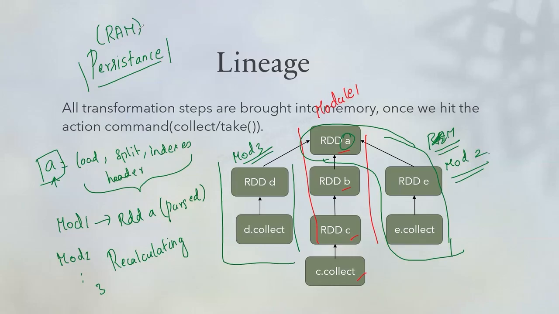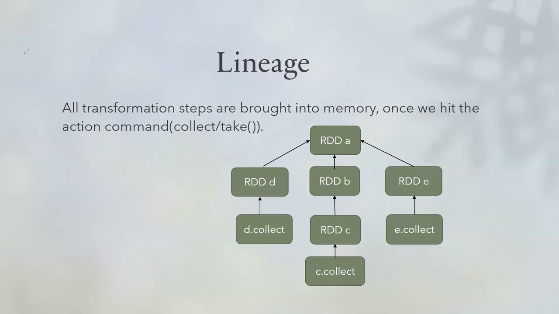Even though that one single DAG is completed, this RDD alone will be persisted there. This concept is called persisting. Why is this really useful? Because I'm unnecessarily recalculating the same RDD again and again if I haven't persisted.